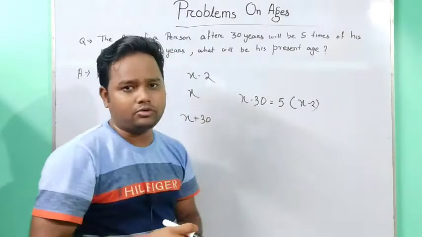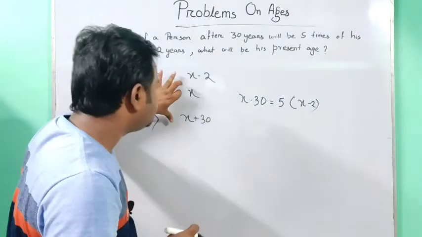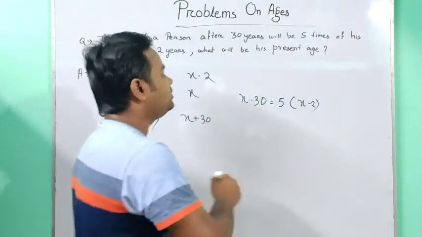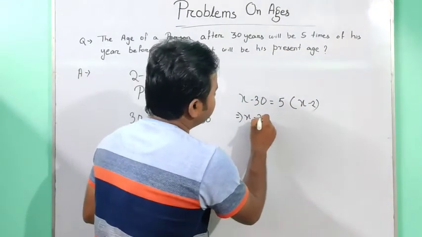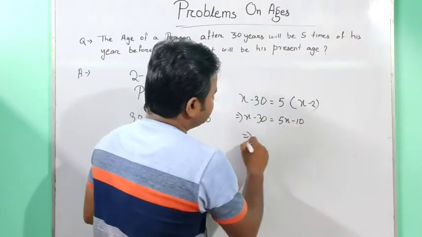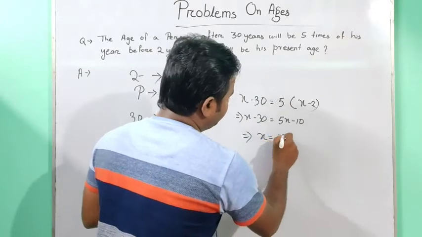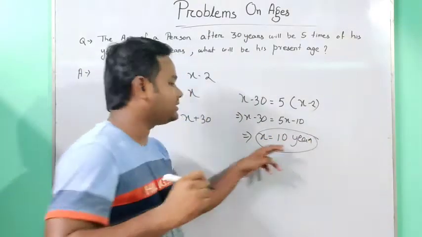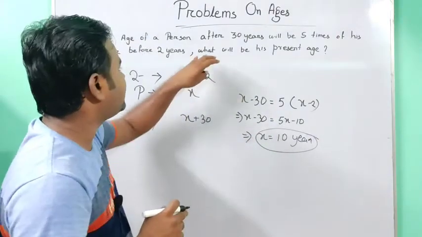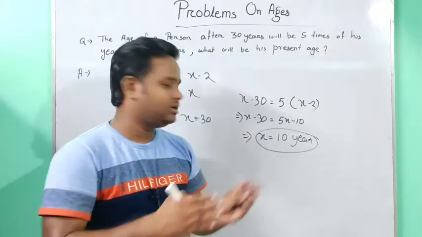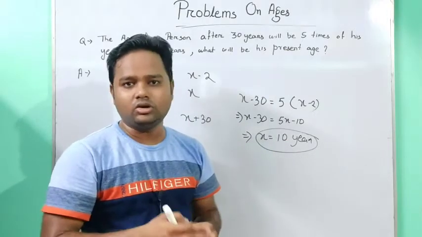Only this thing we have to do: whatever the question asks, we put in an algebraic equation. Now we solve it. x plus 30 is equal to 5x minus 10. By calculation we get x is equal to 10. So the value of x is 10 years, and the present age is x, which is 10 years. This question is over. Now let us go to the next question.